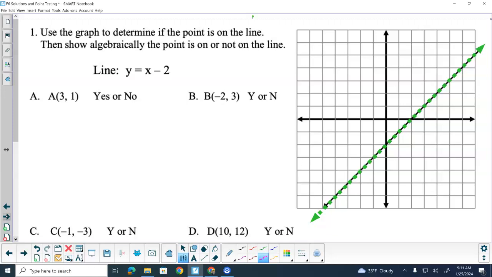I put a green line over the top of that one just so we see which one it is. So we can plot these points, and if they fall on the line, then they are on the line.